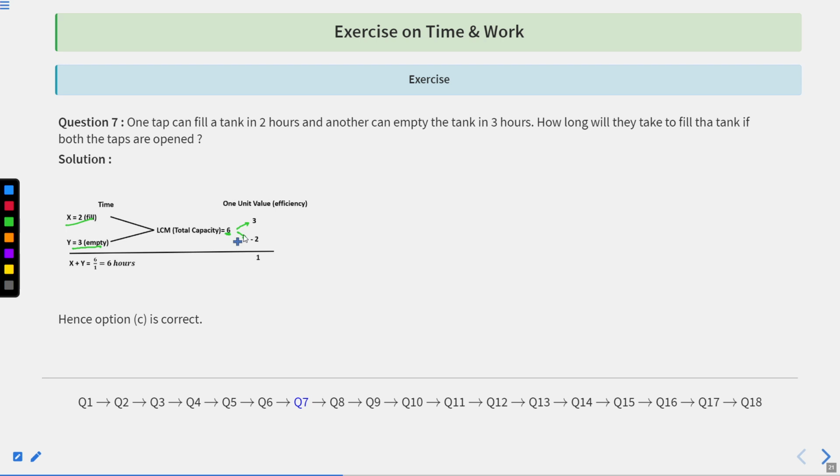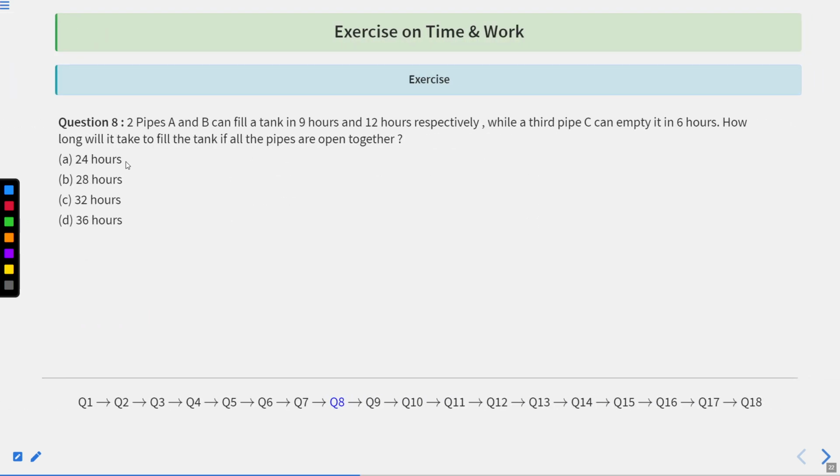So when they both work together, only 1 unit of water is filled per hour. So X plus Y, the total capacity is 6 and the efficiency is 1. So it will be 6 hours. So 6 hours will be required to fill the tank when from one end we are filling the water and from the other we are taking out the water. So the option correct here is C.